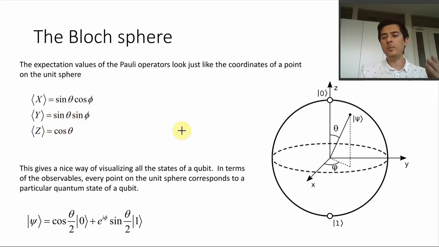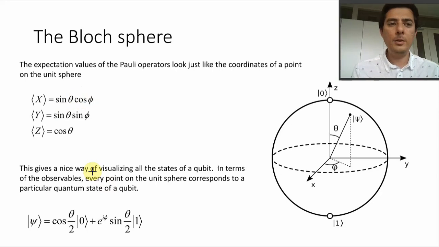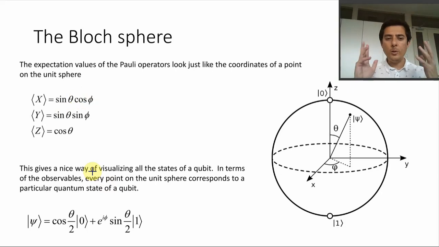Normally there's a radius. You multiply all these things by the radius of the Earth, but in this case we've got a radius 1 sphere, so there's no radius here. And because these things are exactly the same as the way that we interpret the coordinates of a sphere, this makes a really nice way of visualizing the state of a qubit.